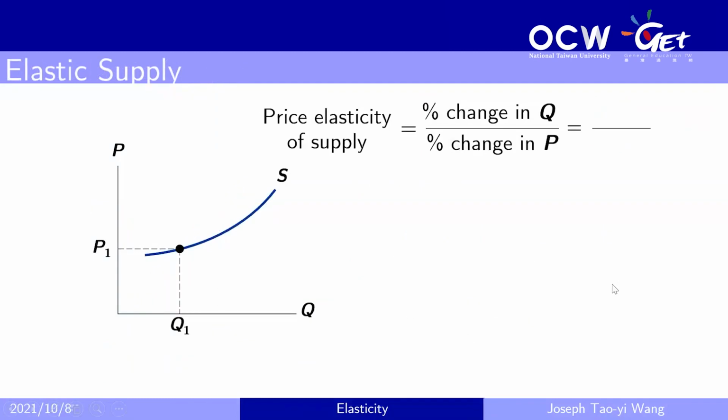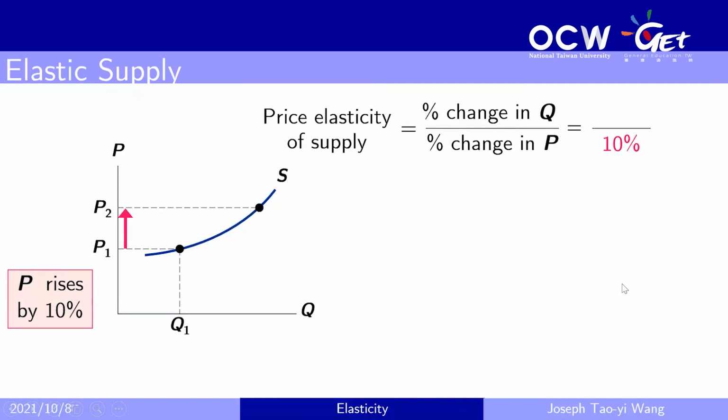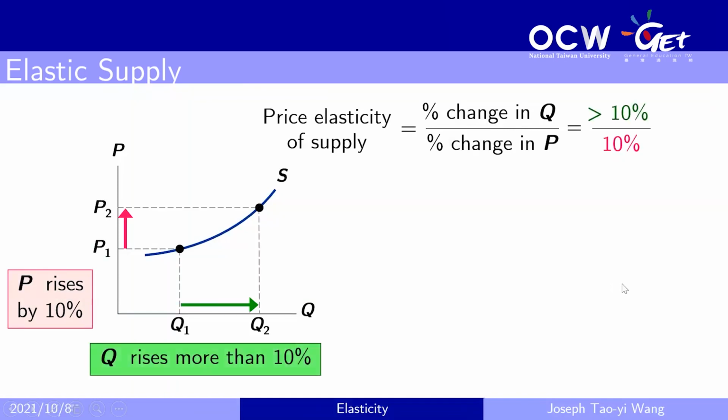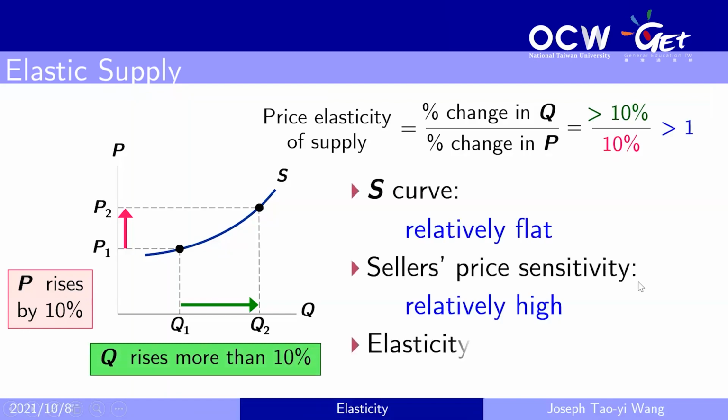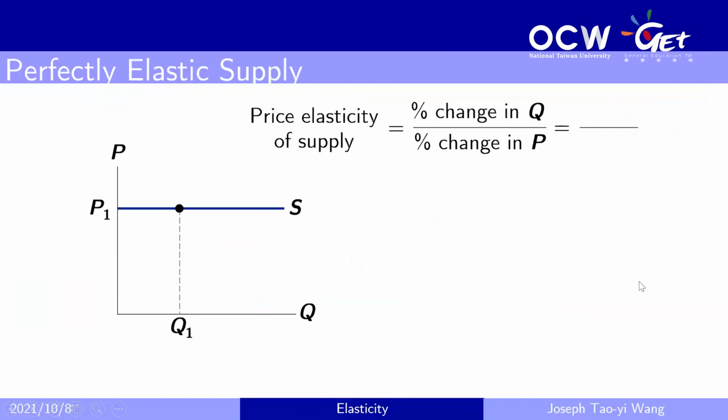If the supply curve becomes flatter and flatter, you have elastic supply, where if the price goes up by 10%, the quantity supplied goes up by more than 10%. So you have a price elasticity above 1, and sellers are relatively sensitive to prices, with a relatively flat supply curve. If your supply curve becomes flatter and flatter, in the limit you would have perfectly elastic supply.